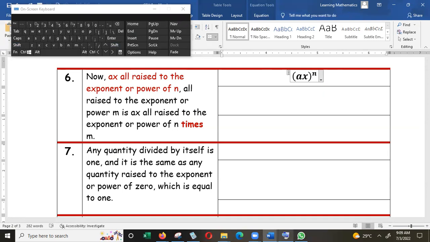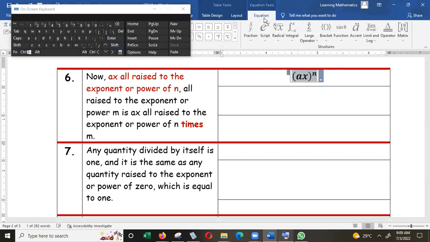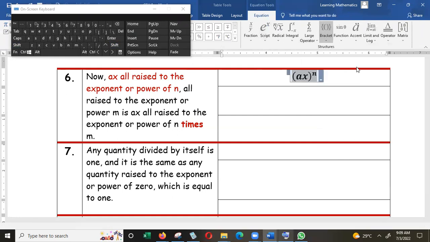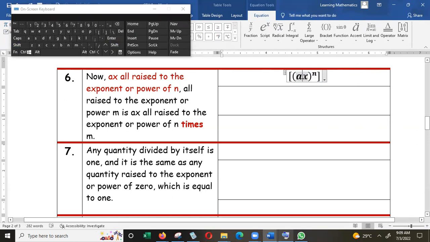Then it goes on to say all of that. So let's put all of that in brackets. Let's use a different bracket, to differentiate between brackets. So all of that being raised again to the power of m.